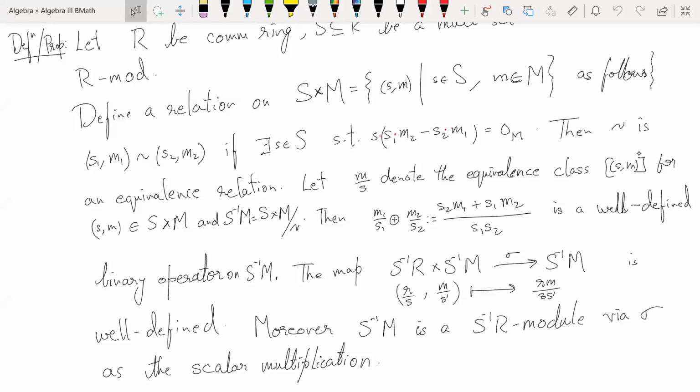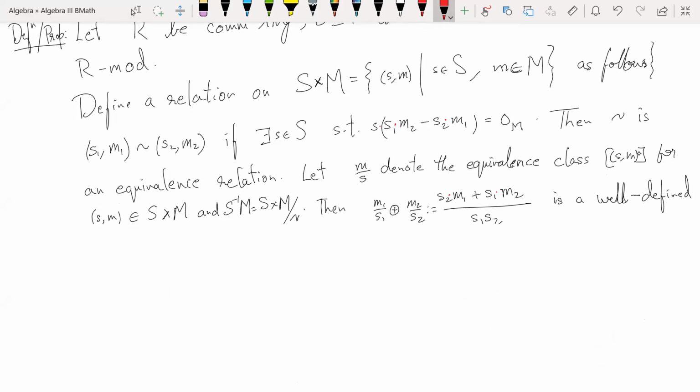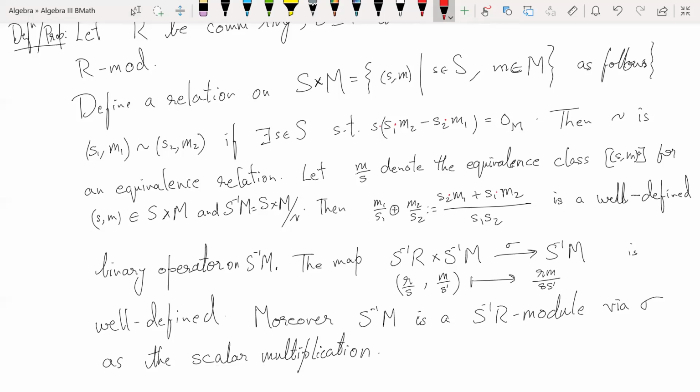So trying to define a binary operator on S inverse M. So the first claim, after this equivalence relation, the second claim is that this is a well-defined binary operator on S inverse M. So well-defined is what we have to check. And of course, it takes two guys in S inverse M and produces one guy in S inverse M. So it is indeed a binary operator.